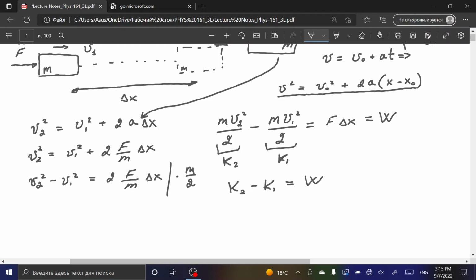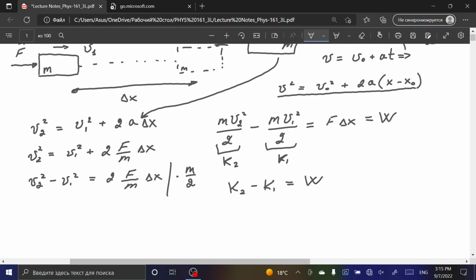It states that if nothing else happens with the system besides changing velocity, then work done by an external force on the system will result in change of its kinetic energy. So we see that here the only change that happens with the system is changing velocity.